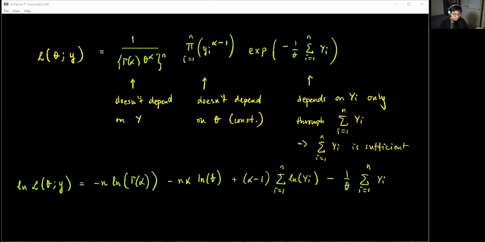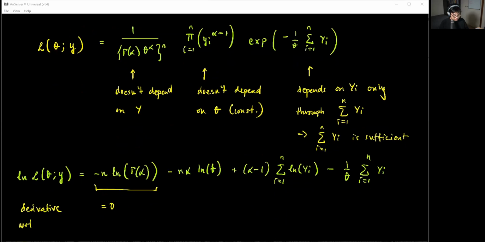Okay? Now, this part here, that derivative of that, okay? So this is what happens when you have the derivative with respect to theta, of course. That's just going to be 0. And this is just going to be 0 because they're both constants. So they don't even matter, is the point that I'm trying to make.